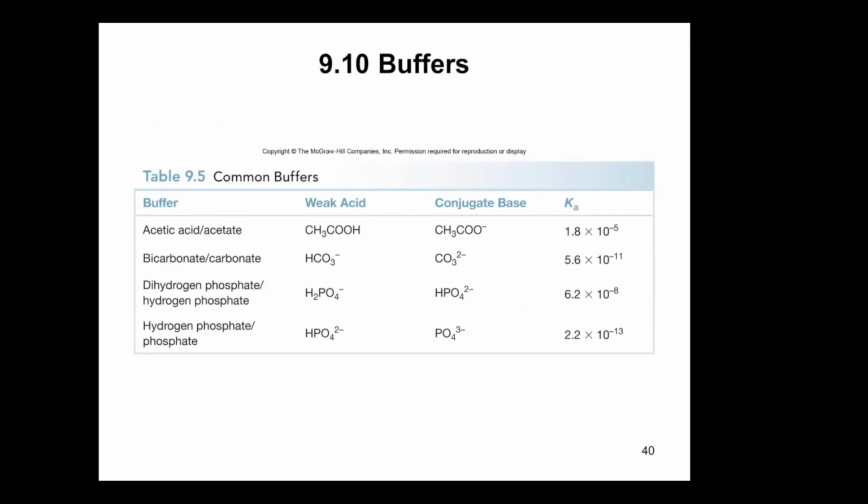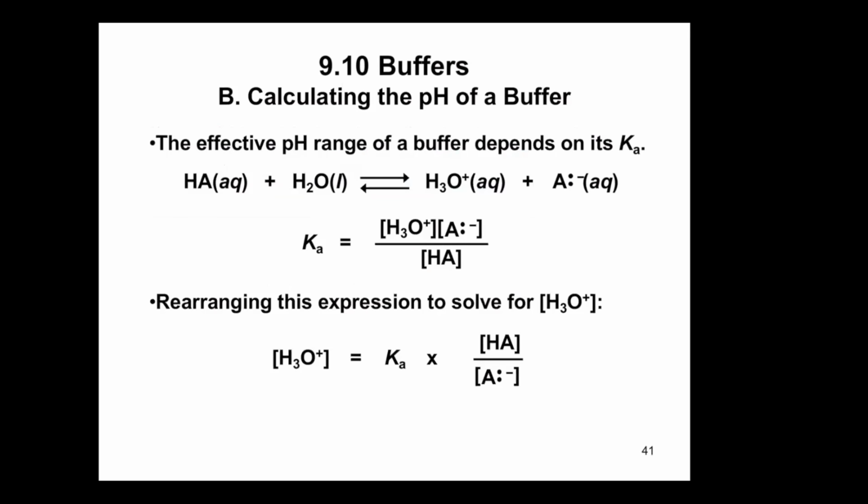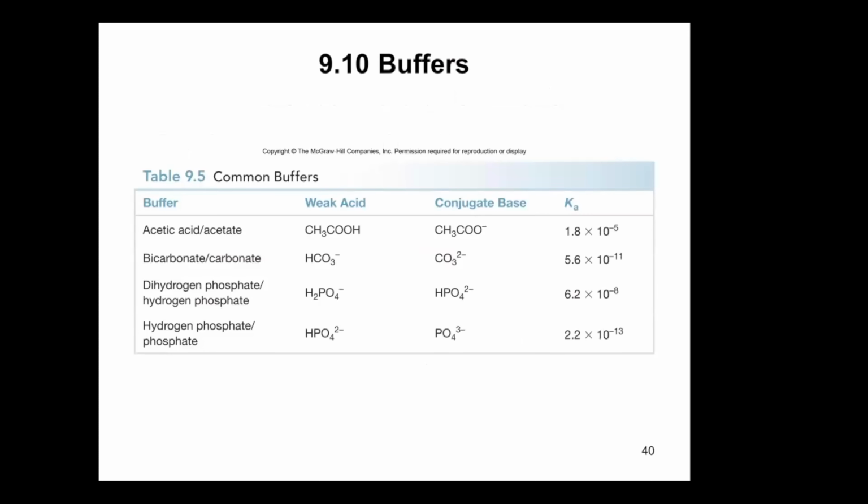So how do we calculate the pH of a buffer? First one muna, we all know how to calculate K sub A, pero given naman siya. But if we rearrange the expression to calculate the hydronium ion concentration given the K sub A, so we will multiply the K sub A or the acid dissociation constant, given na siya sa table na ito, ito siya sa table.